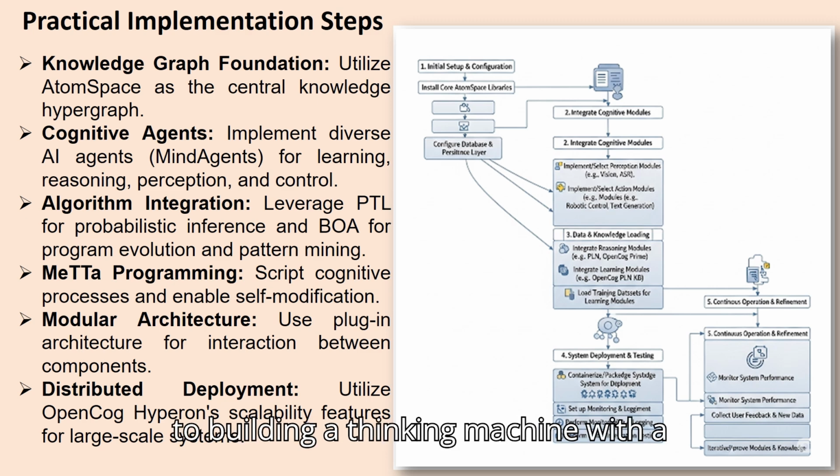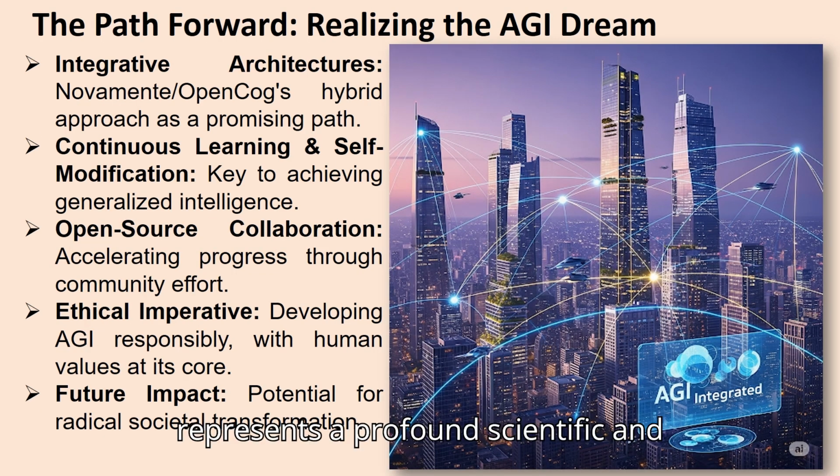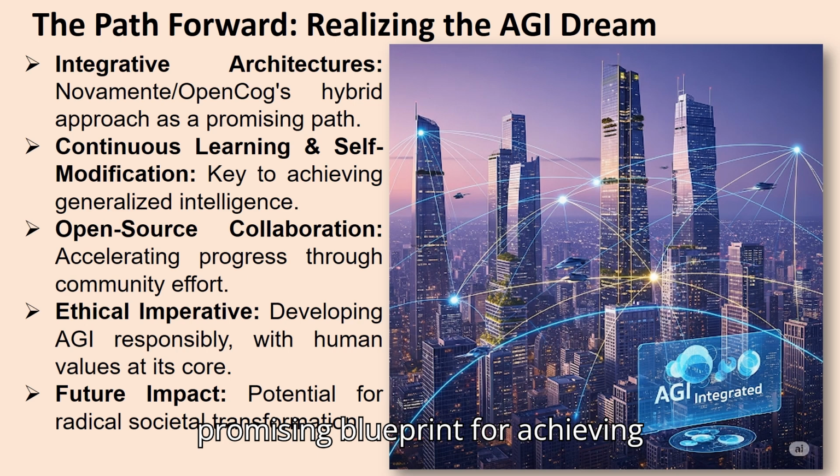The journey to building a thinking machine with the Novamente AI engine, now manifest in OpenCog Hyperon, represents a profound scientific and engineering endeavor. Its integrative architecture, combining diverse AI paradigms, and its emphasis on continuous learning and self-modification, offer a promising blueprint for achieving artificial general intelligence. The shift towards an open-source ecosystem is poised to accelerate this progress through collaborative innovation.